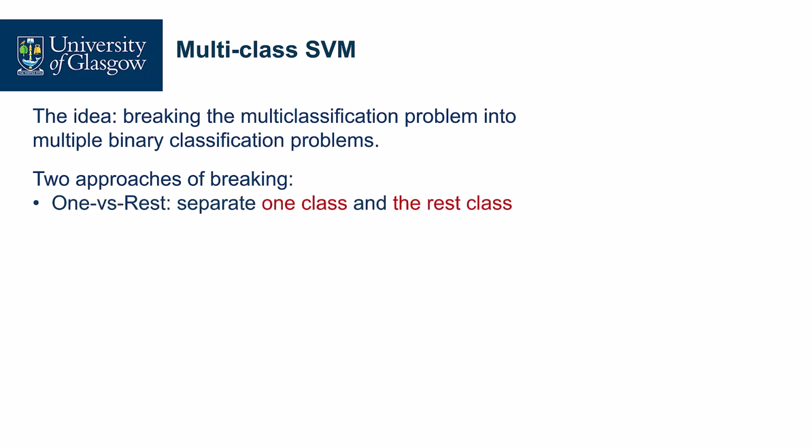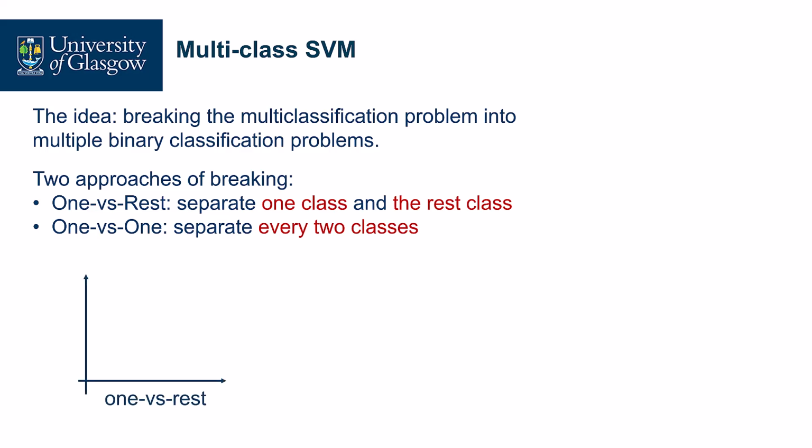This means that we separate one class and all the other classes I don't care about, that is, we call them the rest class. And the second is one versus one. In this case, each time we separate only two classes and the other classes I don't care about at this moment. So let's see some examples to see how one versus rest and one versus one go.